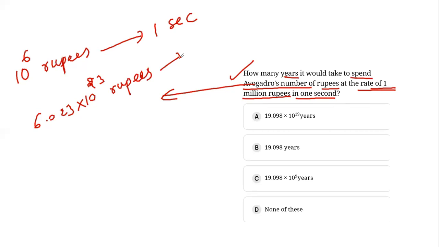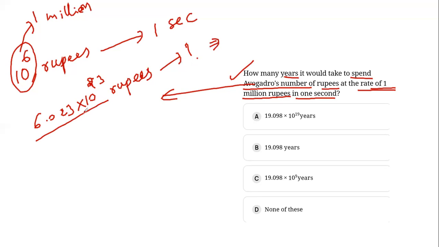First we convert here: 10 power 6 means 1 million. So 1 million rupees we are spending in 1 second. Then Avogadro number of rupees will be spent in how many seconds? How to get it here, cross multiplication.